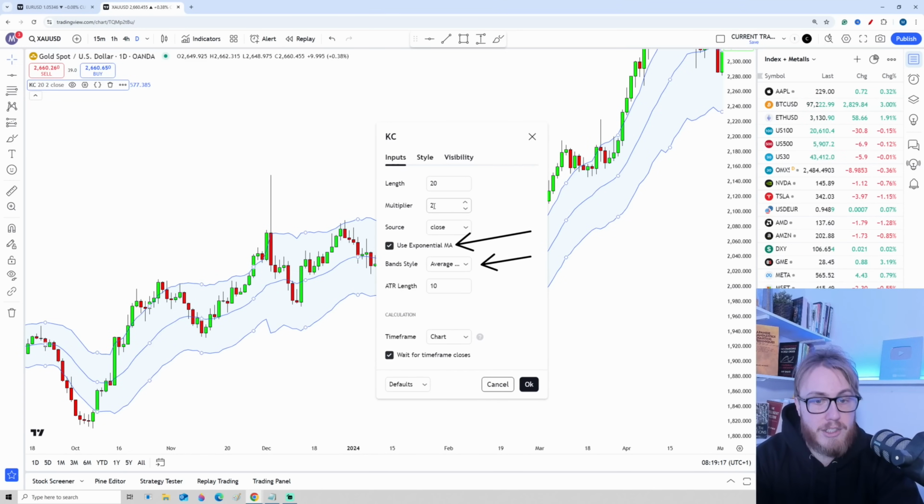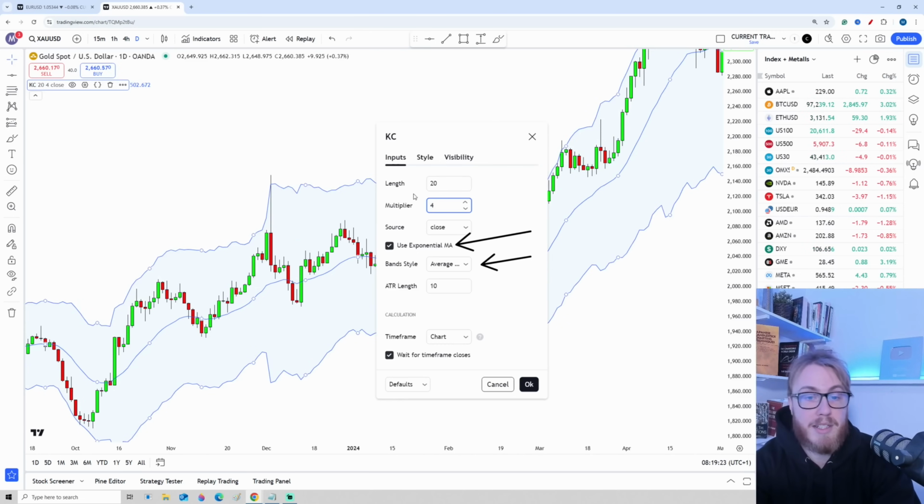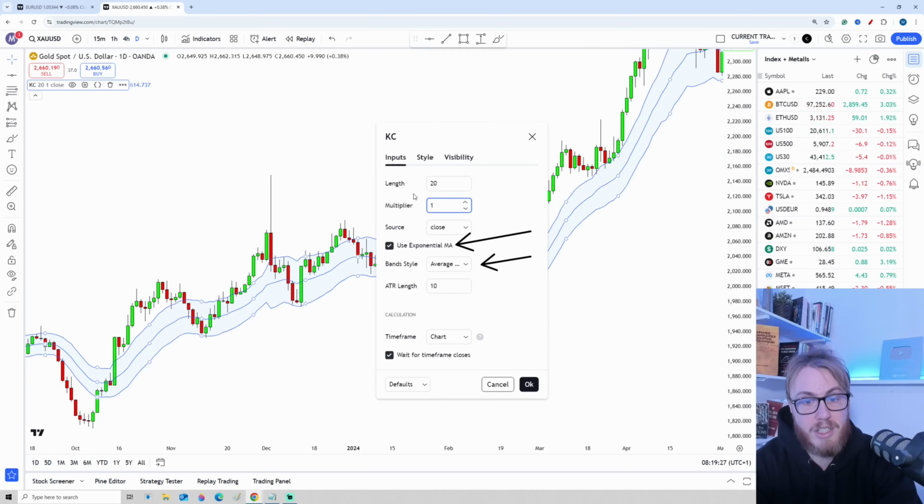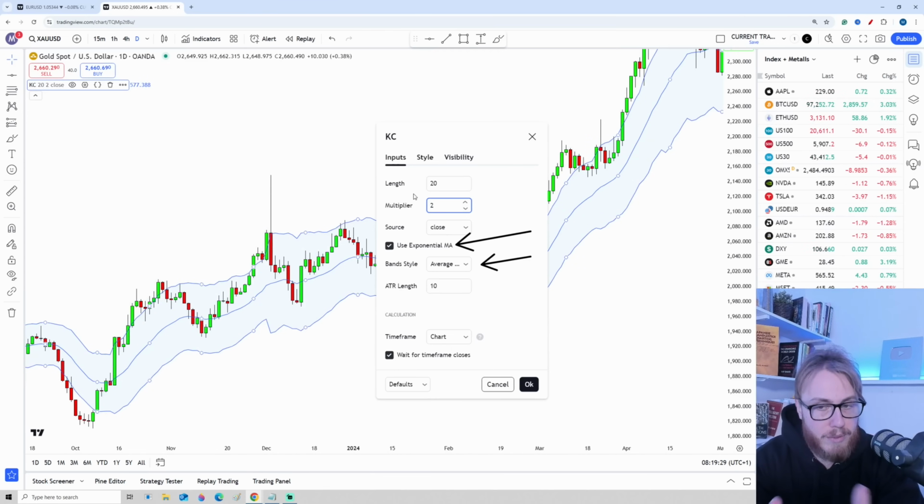And for the Keltner channels, we can also change the multiplier. So for example, increasing the multiplier will make the bands much wider, and if we decrease it to maybe 1, they will be much smaller. But in general, the ATR will make these channels sort of more smooth compared to the standard Bollinger Band.